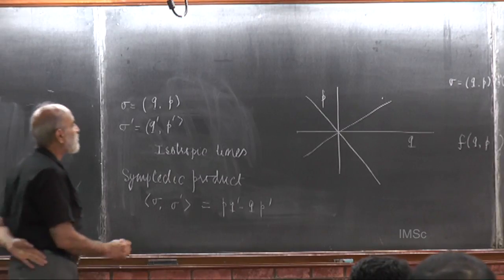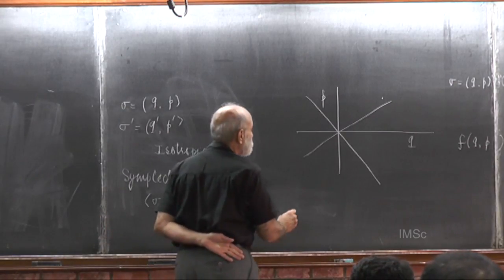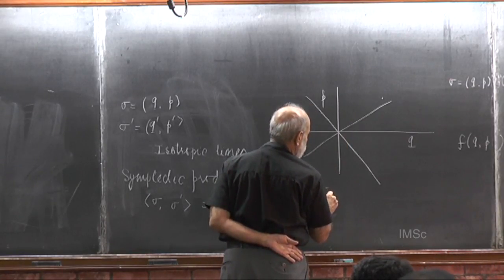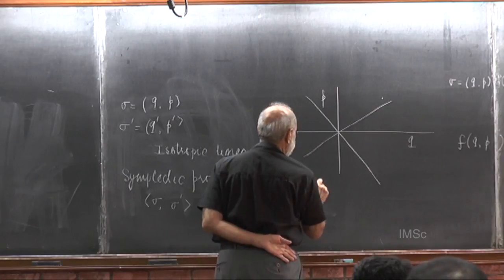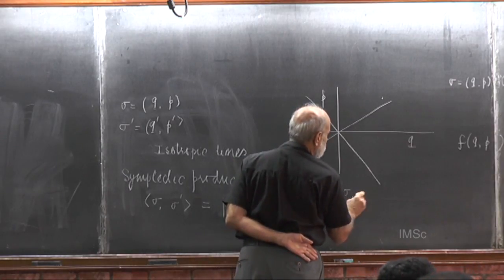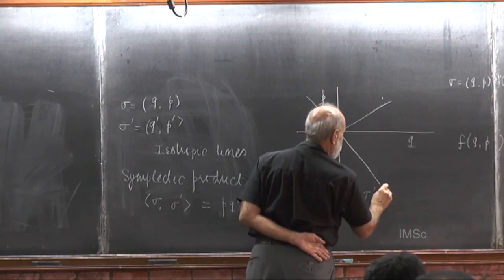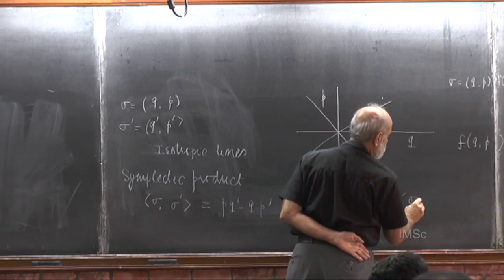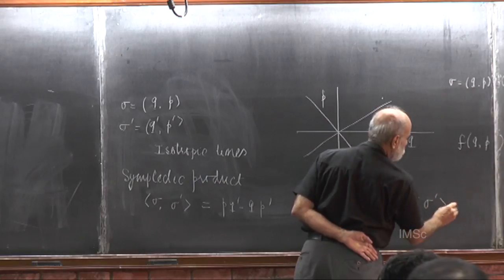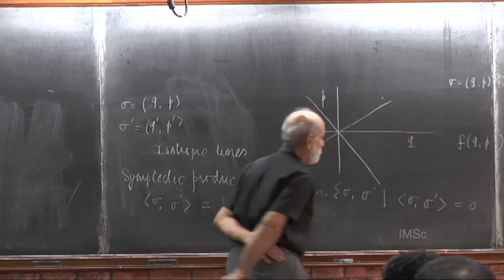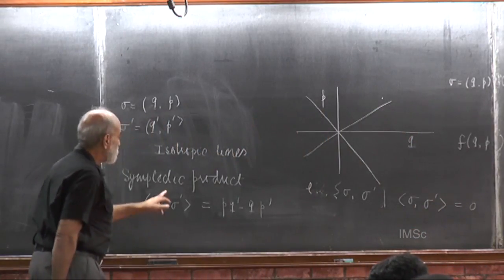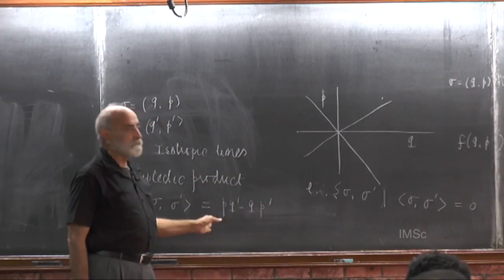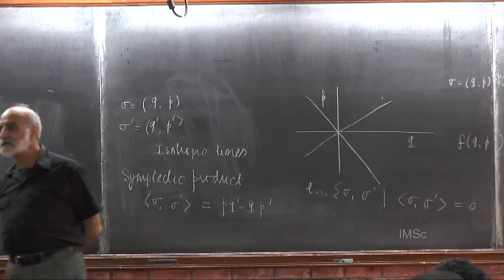The isotropic lines, or the lines going through the origin, can then be characterized as follows. A line would be a set of points sigma and sigma prime such that the symplectic product of sigma and sigma prime is 0. You can see that if I set this equal to 0 in the q p plane, this gives a linear relation.